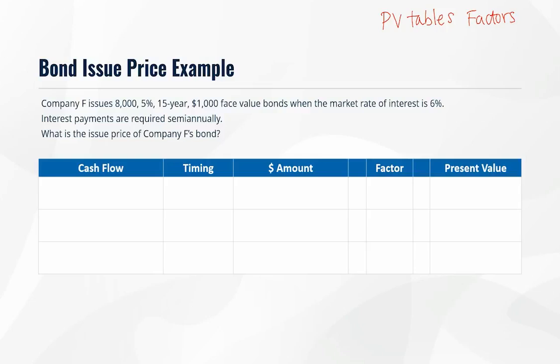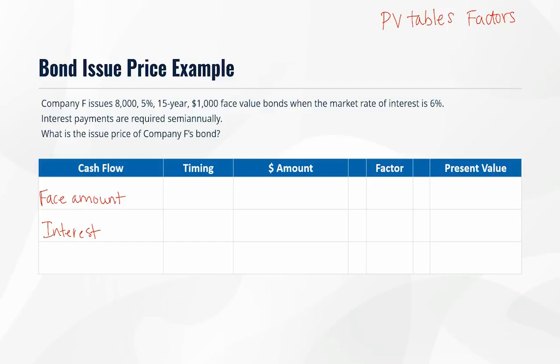So, how do we find the issue price of a bond? It is the present value of the face amount, the amount that we will have to repay at maturity, and the present value of the interest payments. So I'm going to find the present value of the face and the present value of the interest.